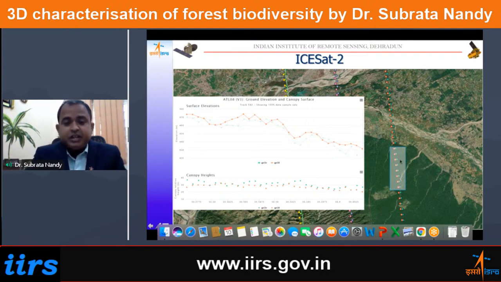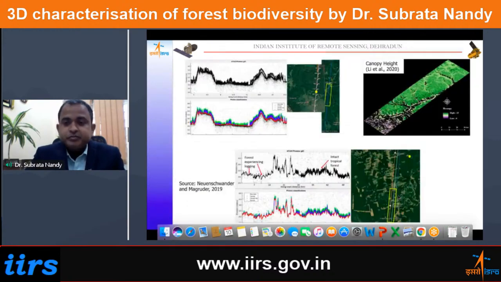So you're directly getting this kind of information from that Open Altimetry website of ICESat-2, and this is the surface elevation across this area. So this is very good, recent information. You don't have to process the data for getting the height and all, which we used to do in ICESat-1. Here they have directly given the product wherein you can get the height of the forest area.